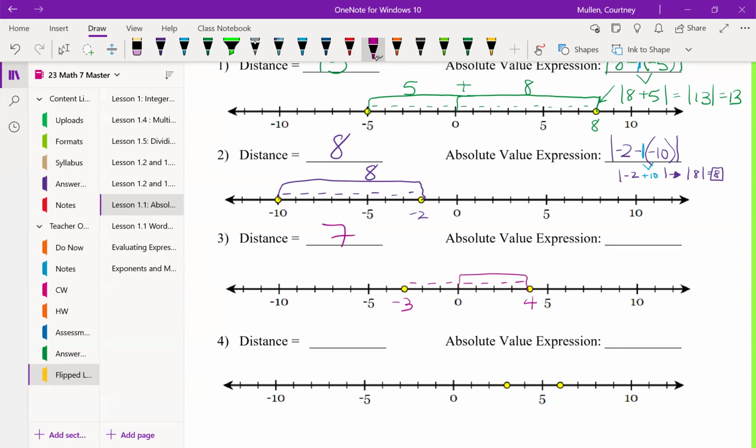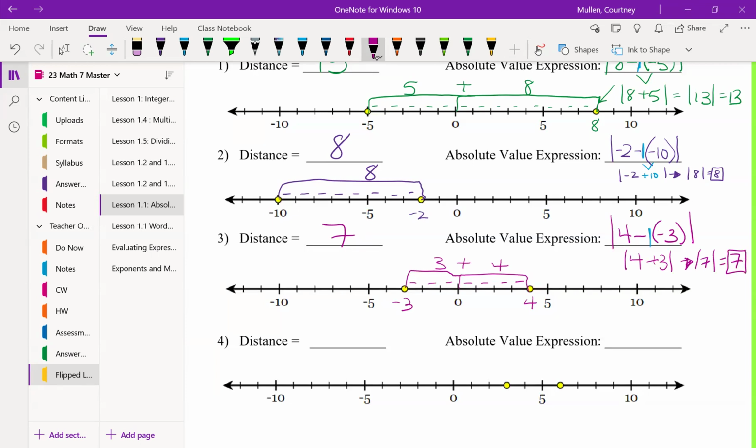Right, we have 4 spaces from 0, 3 spaces from 0, so that's a total distance of 7. My absolute value expression, larger minus parentheses smaller. This is our -1. So we end up with absolute value of 4 plus 3, which is the absolute value of 7, which is 7.